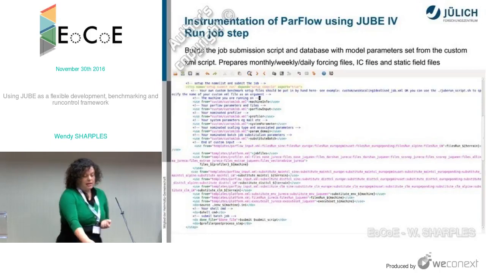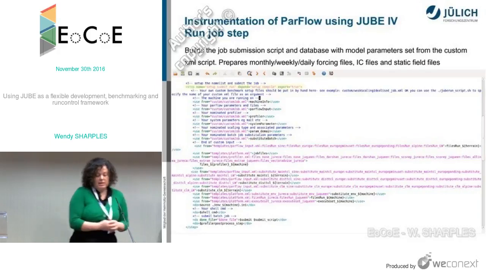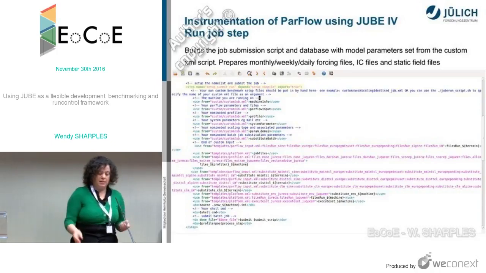And then at the end, you've got your submit script, which could be a chain job script or any job script that you choose. And then you've got a profiler post-process step, or indeed a general post-process step if you need it.